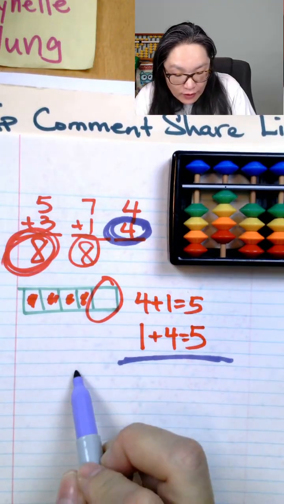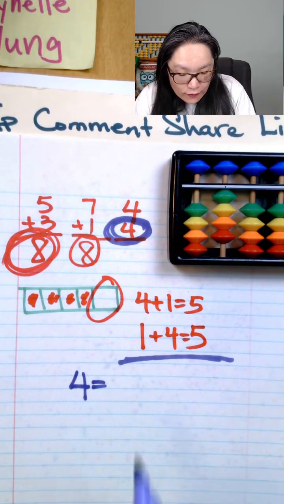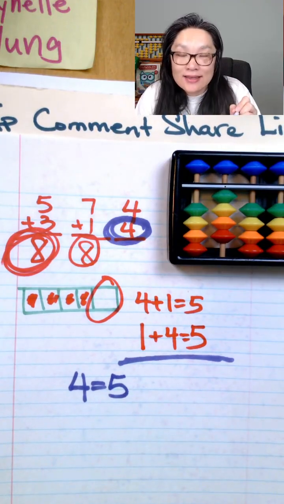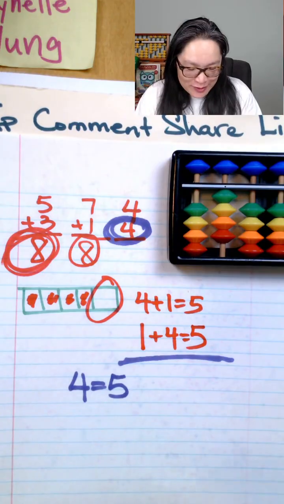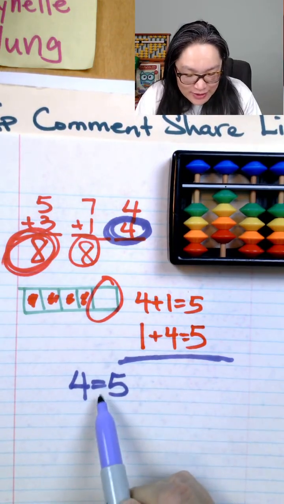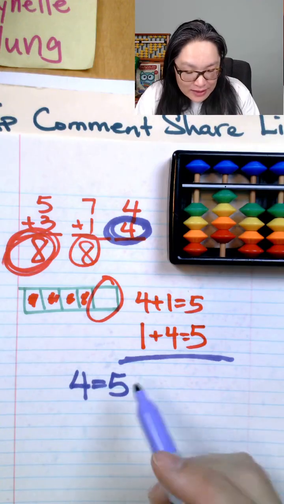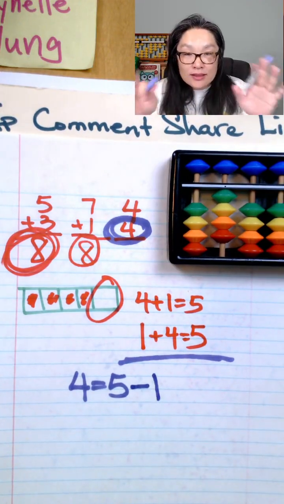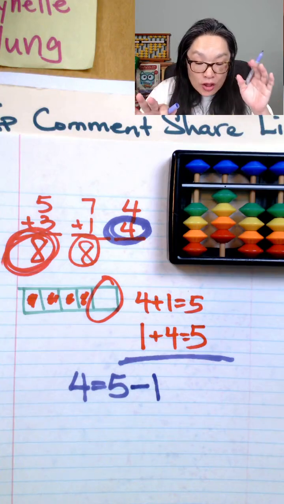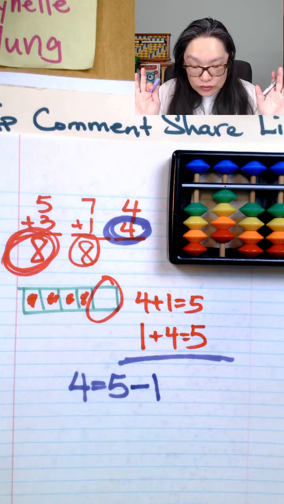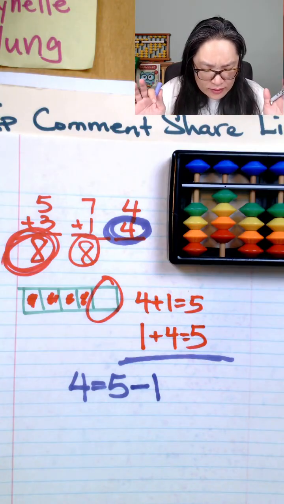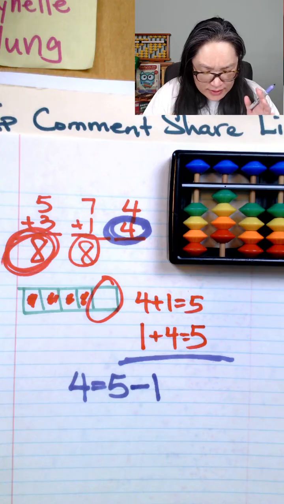If I rewrite the equation, the formula, this addition sentence, there are so many terminologies in math, notice that it's not balanced. If it's not balanced, how do we balance this out? All we have to do is take away the 1, right? Is this an addition sentence or a subtraction sentence?